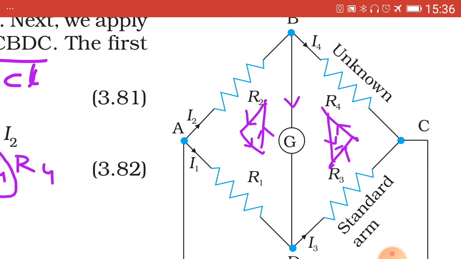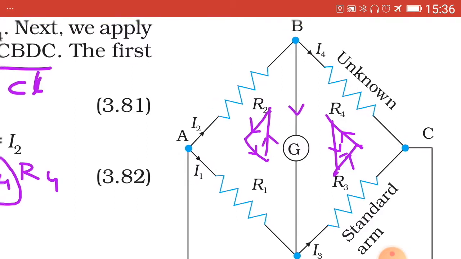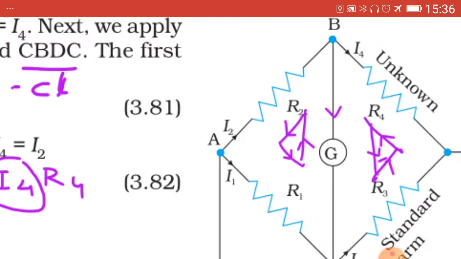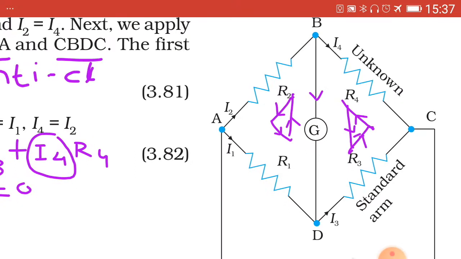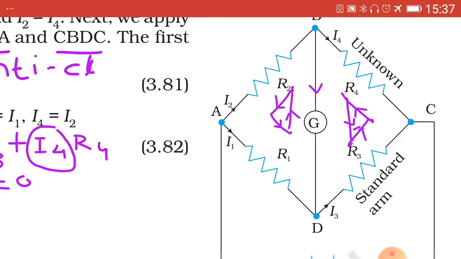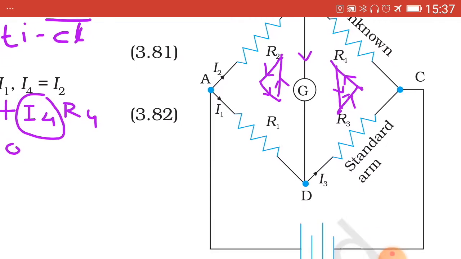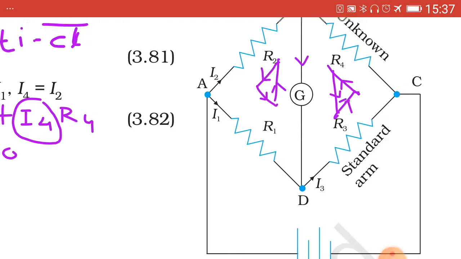The galvanometer is connected in the middle, that is across the diagonal element B and D, and between A and C, the other diagonal element, the battery is connected. The positive terminal of the battery is connected to point A. Now A in the figure is known as a junction.